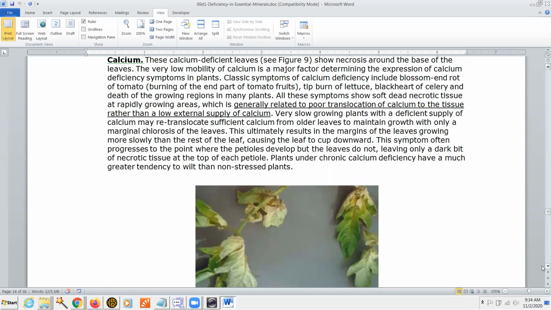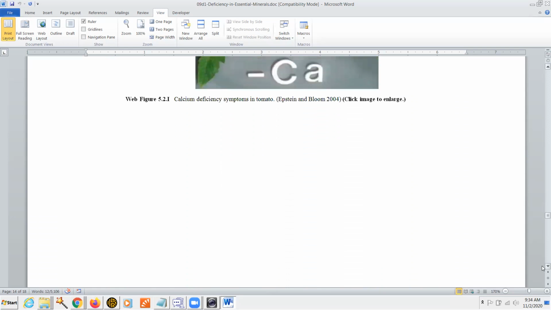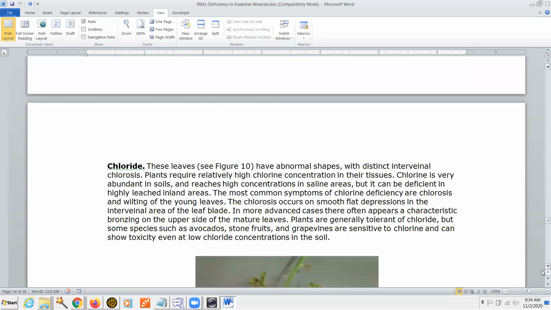Many of the things that we add to the soil containing calcium are because we're adjusting the pH or we're making a change to the soil's tilth or structure. We're trying to make the soil better, we're improving the soil. Calcium chloride.